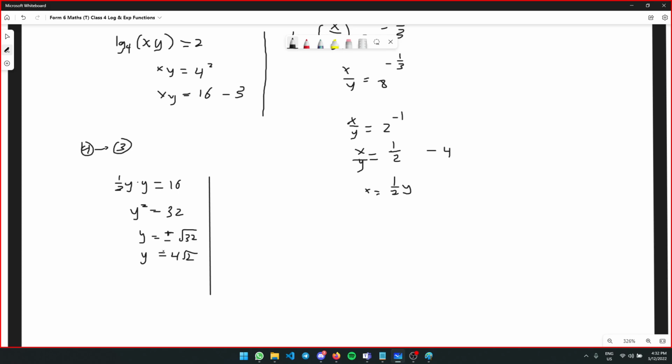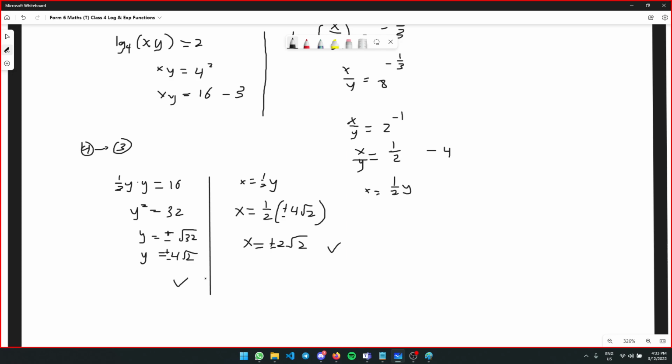So y equals plus minus 4 root 2, and we know that x equals 1 over 2y. So you can just put 1 over 2 times plus minus 4 root 2. Then you'll get x equals plus minus 2 root 2. Okay, and you're done.